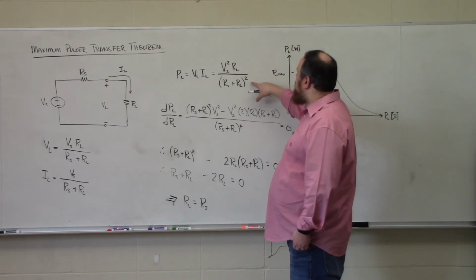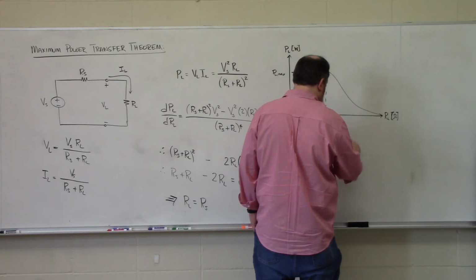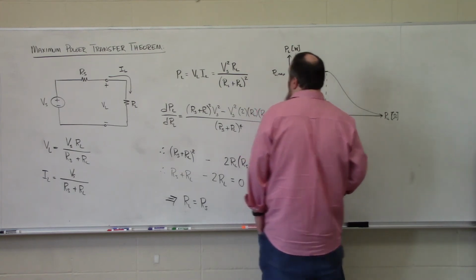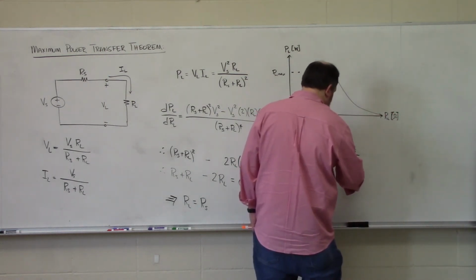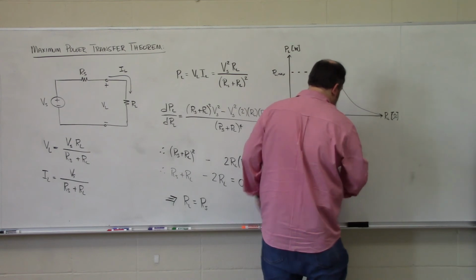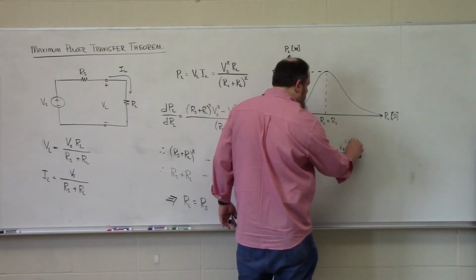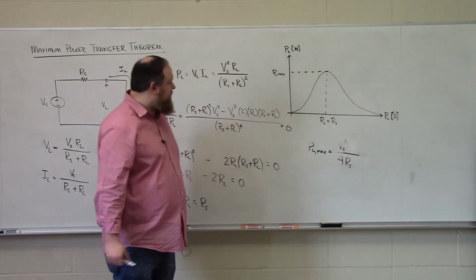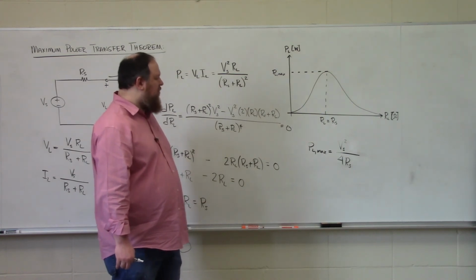So that's VS squared RS divided by 4 RS squared. And we can factor out this common factor of RS, and this is our result for a practical voltage source. VS squared divided by 4 RS.